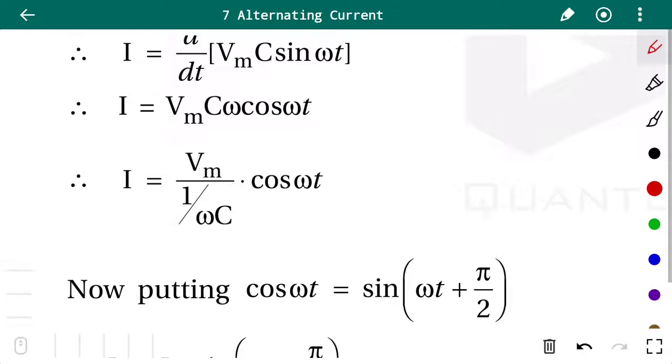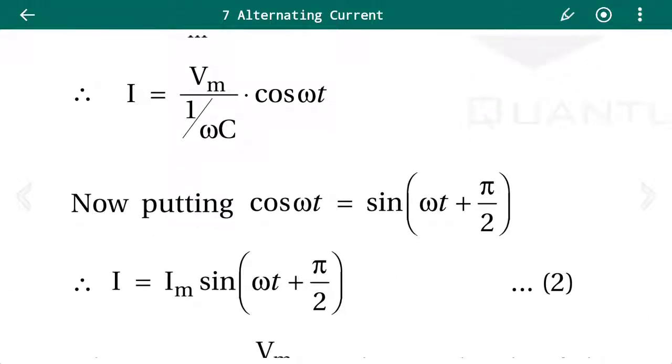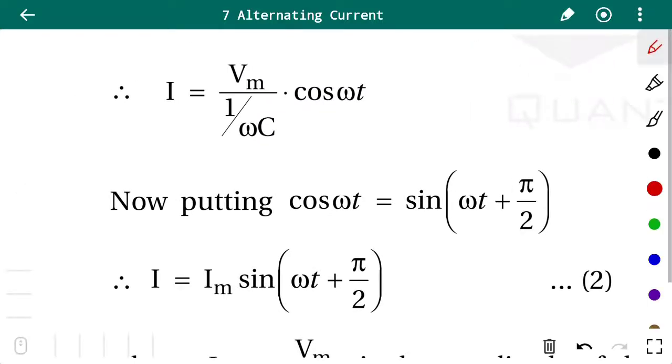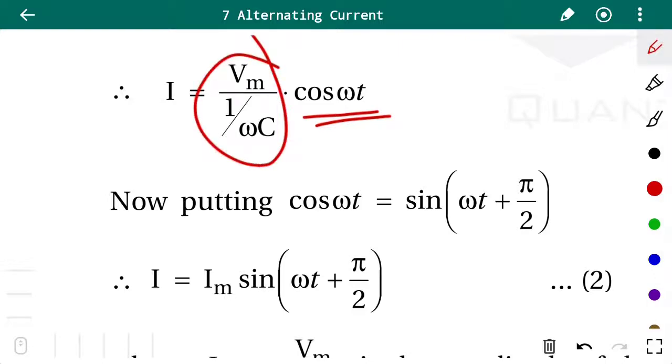Now, as we have seen in the earlier equation, this cos omega t is to be replaced with sine, so that we can compare this equation with reference to the voltage, whether the current is lagging or leading the voltage. So taking this cos in terms of sine, and here changing this equation, Vm upon 1 by omega C.